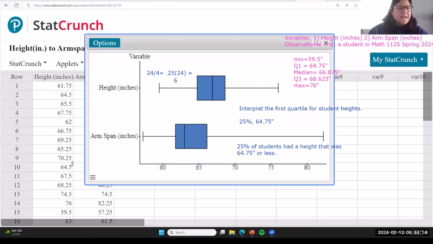Lizeth, I think I gave you the third quartile. Did you look at the list? Yeah, that's right, Stephanie.